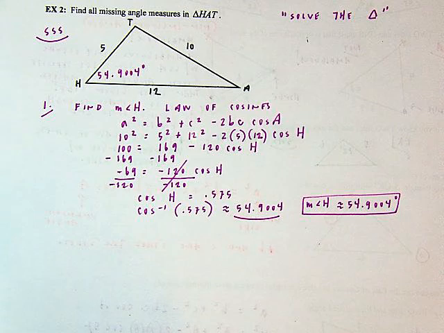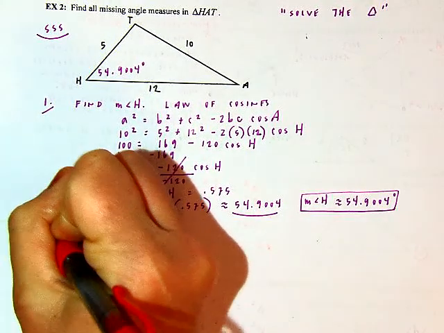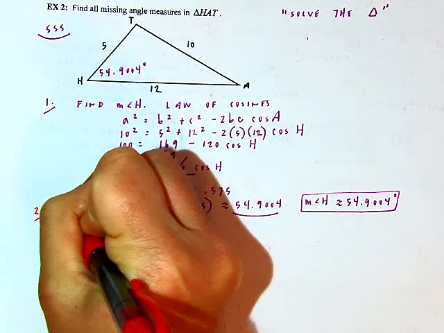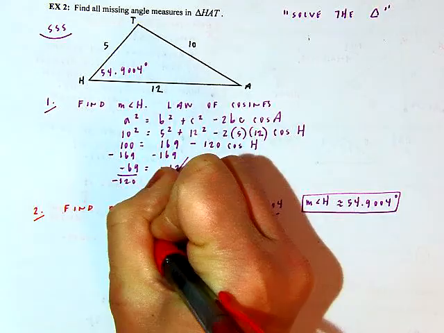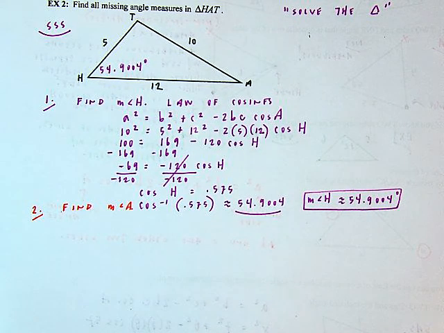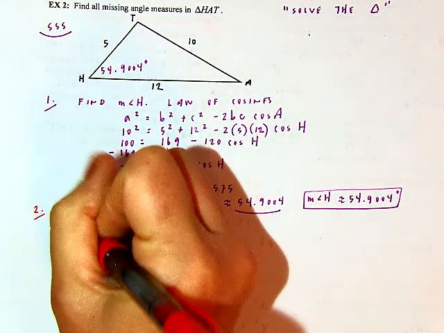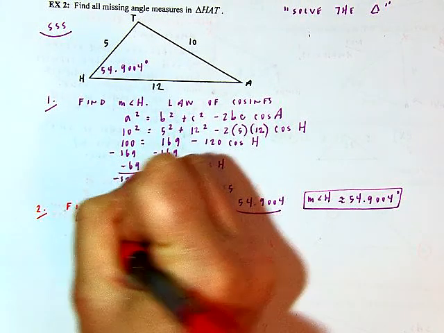All right, so now I need another angle, doesn't matter which one. Let's say the measure of A. So step 2, let's find the measure of A. Okay, so to get the measure of A, well, I realize I have an angle now with a side opposite. So I don't need to use the law of cosines again. I can now use the law of sines. Right? That's easier.